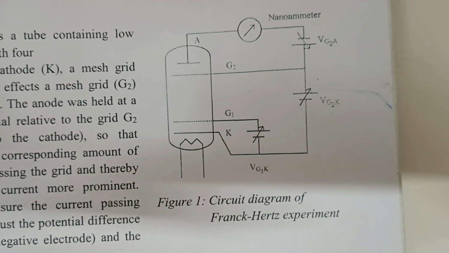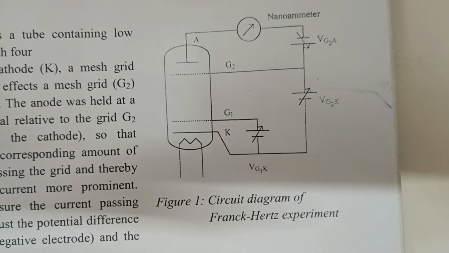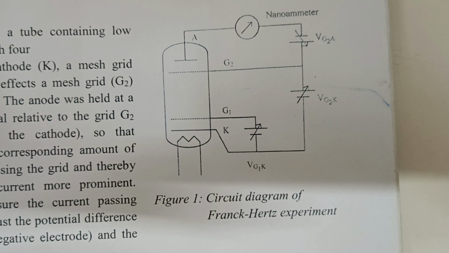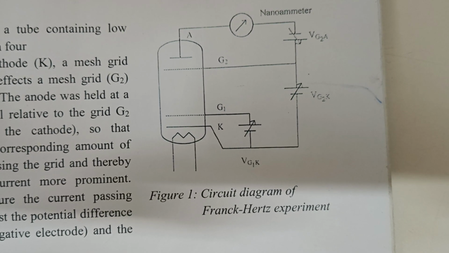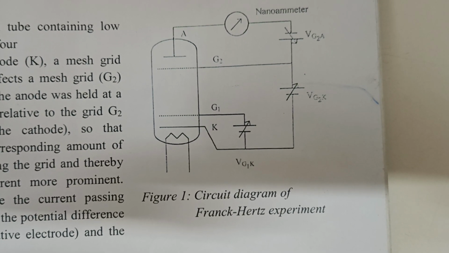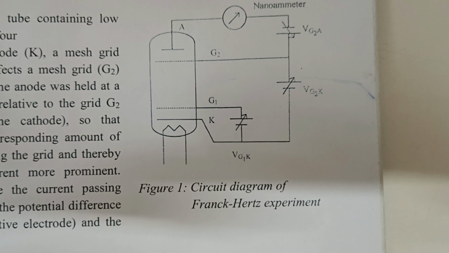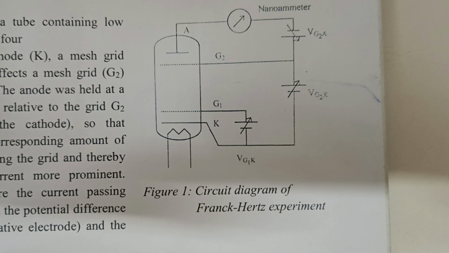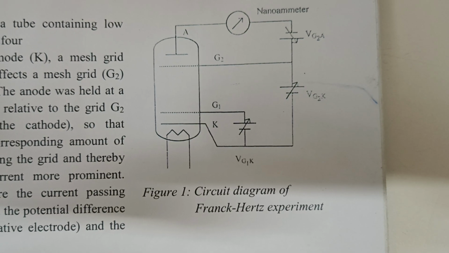Now as you can see, the potential Vg2K is applied between the cathode and the grid 2. So the electrons are actually accelerating in this region. And then there is one more battery, named Vg2A, where the polarity is such that the negative of the Vg2A battery is connected to the anode.